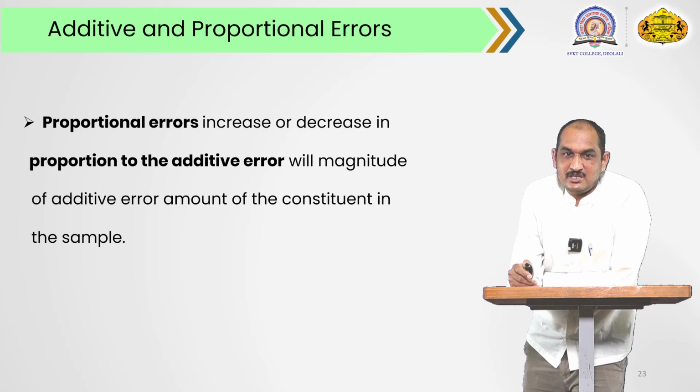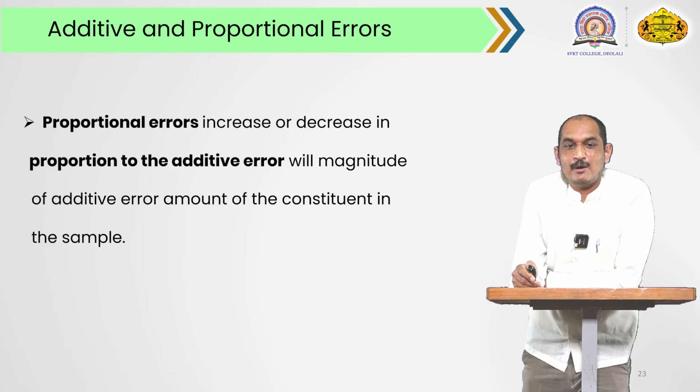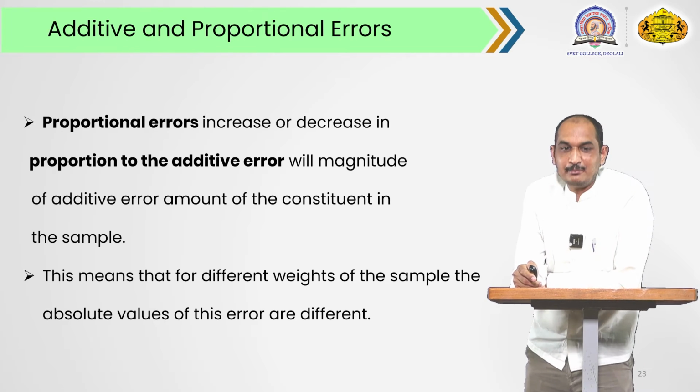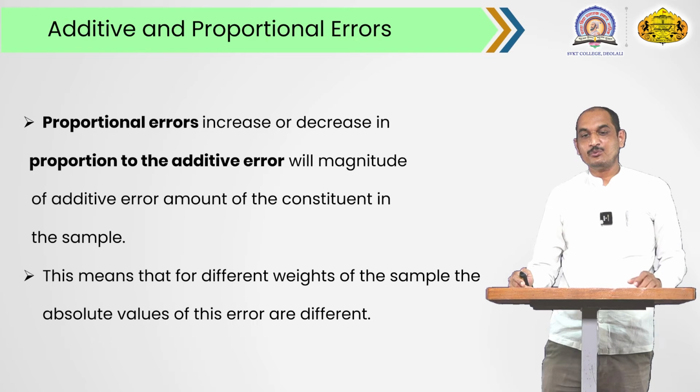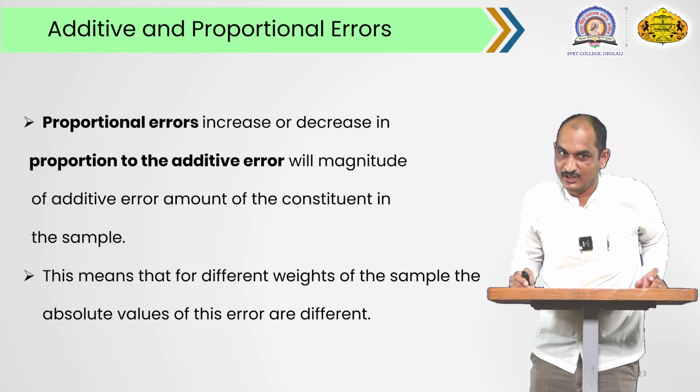Then the proportional error increases or decreases in proportion to the amount of the constituent in the sample. That means for different weights of the samples, the absolute values of these errors are different.